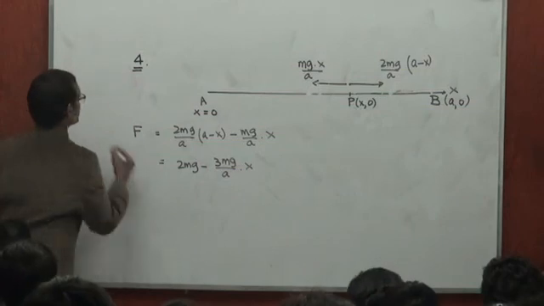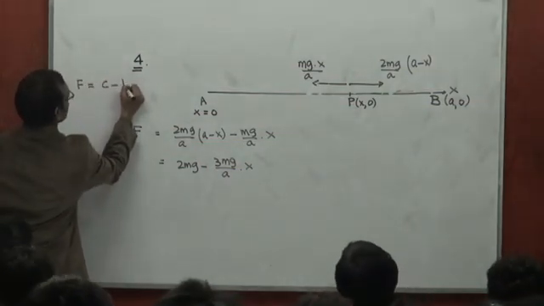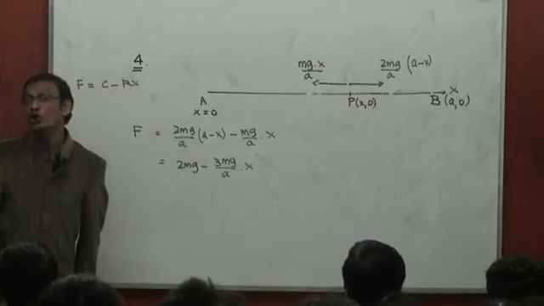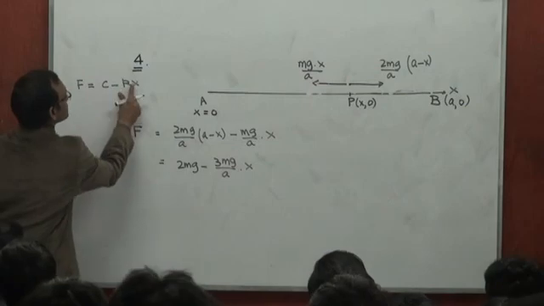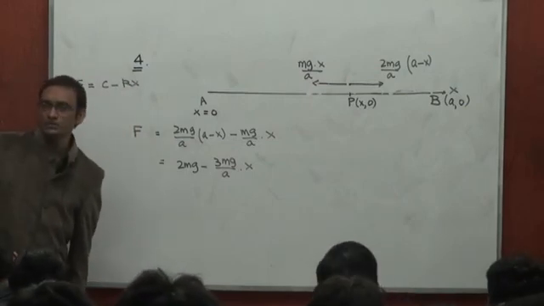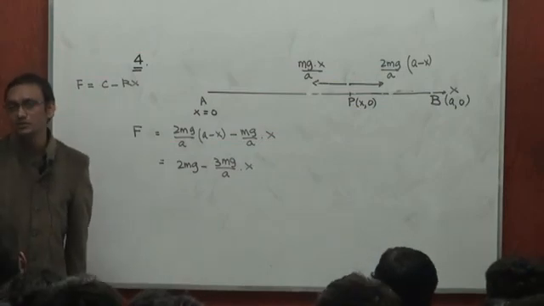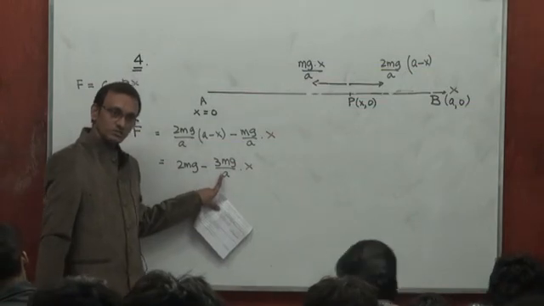And I have told you in the past that F equal to c minus kx is going to be a simple harmonic oscillator. Only thing is, its mean position will not be x equal to 0. Force becomes 0 at the mean position, so its mean position is going to be x equal to c by k. So, this is simple harmonic oscillation.